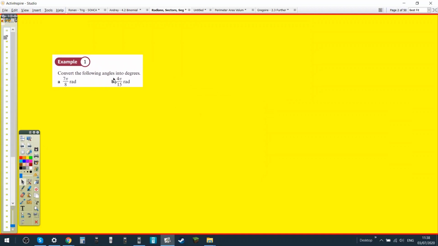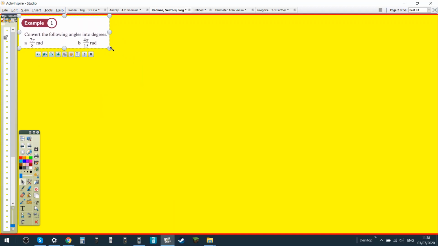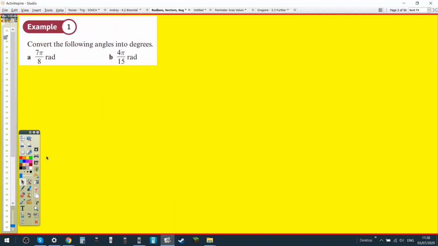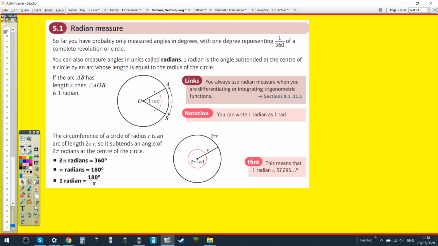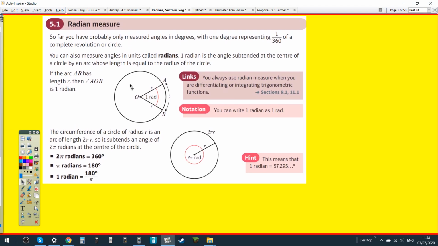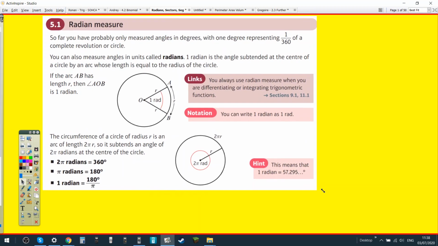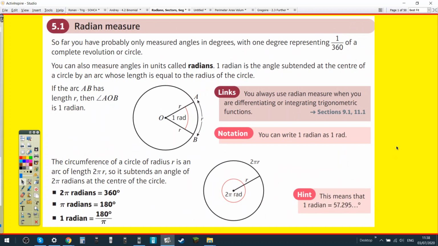Okay. Radians. Have you seen radians before? Not really, no. Oh, okay. It's like the difference between centimeters and inches, except for angles. So instead of degrees, you can use radians. 1 radian is 180 degrees. 2 radians is 360.